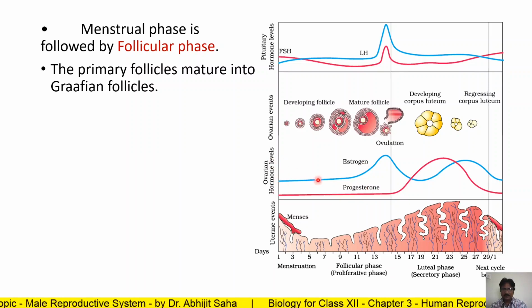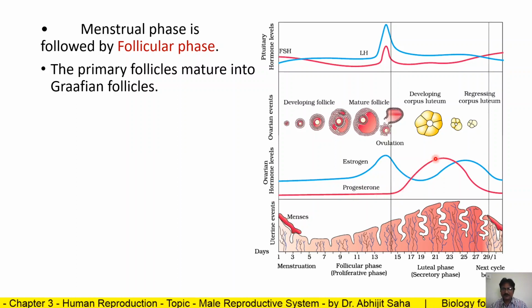Here you find that the estrogen level increases up to the 14th day when ovulation occurs. This is the 14th day mark, and a high estrogen level is required for ovulation. Thereafter, the estrogen level is not required, so it keeps on dropping. Progesterone, which was low in the first 14 days, now starts increasing.